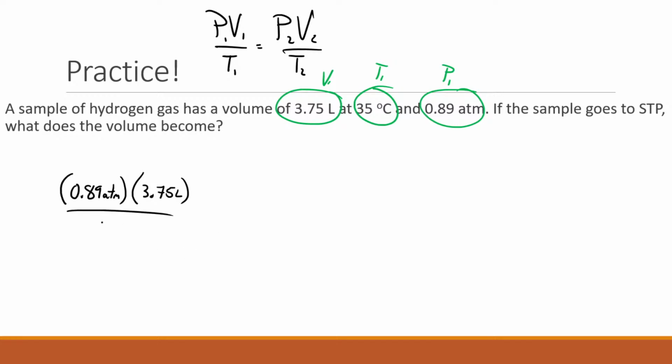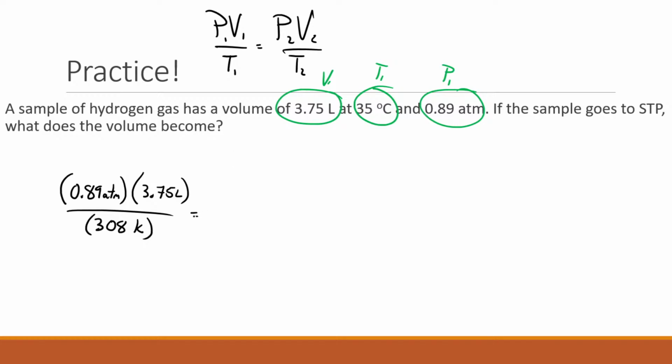As soon as I start writing 35 degrees Celsius, I've already messed this problem up. Caught it in the chat, so great. We must use Kelvin. So converting this 35 Celsius to Kelvin is the first thing we need to make sure that we do correctly. It's 308 Kelvin. Adding 273 is what we need to do there.